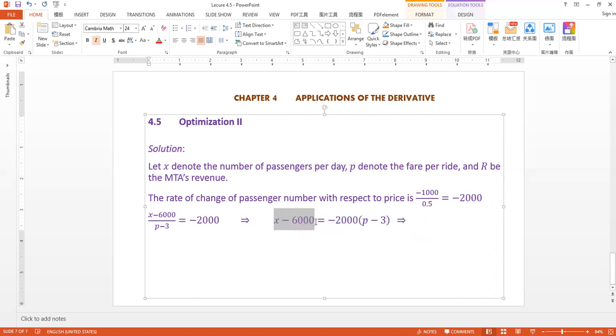If we distribute negative 2,000 to p and negative 3, we get negative 2,000p plus 6,000, right?